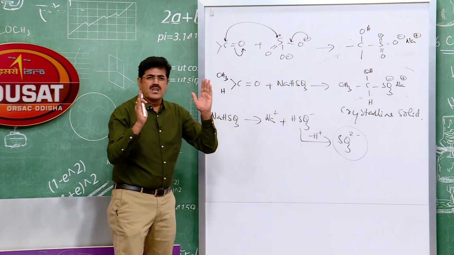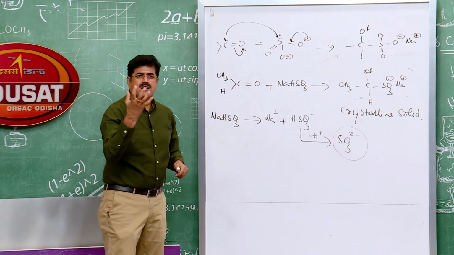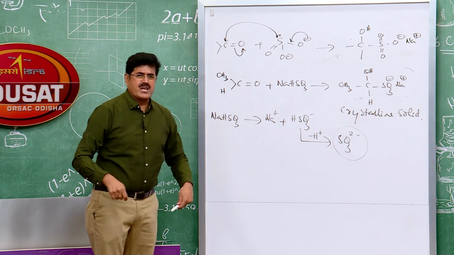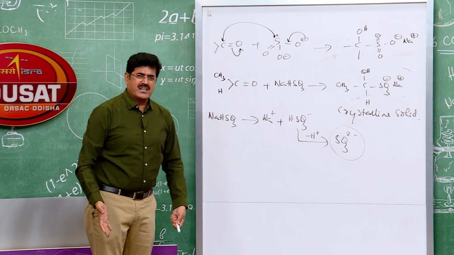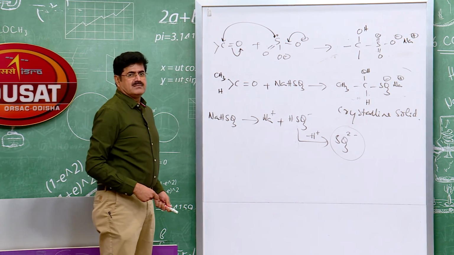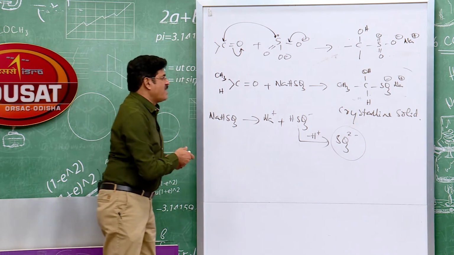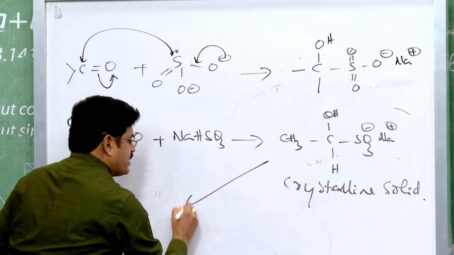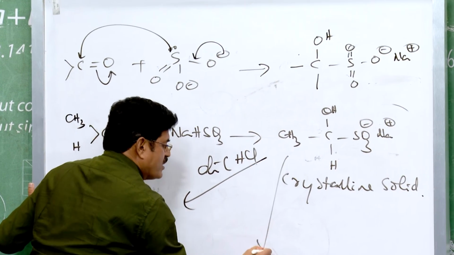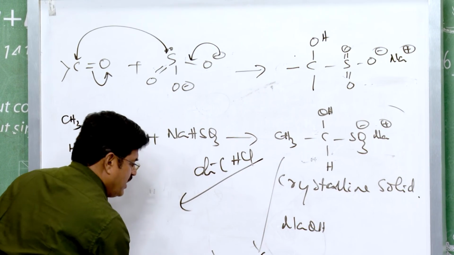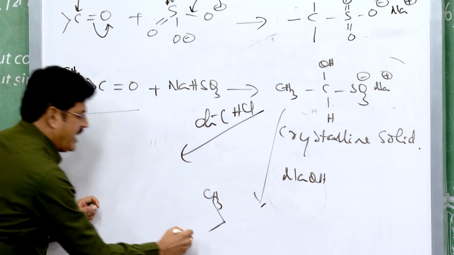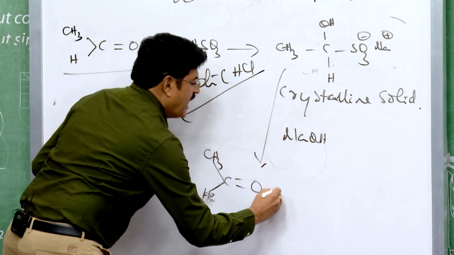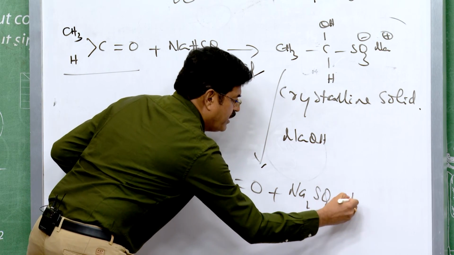Let me tell you one more very important point: these sodium bisulfite addition products, when treated with dilute acid or dilute alkali, regenerate the original carbonyl compound. Let me show that. For example, I started with acetaldehyde, so I will get acetaldehyde here plus Na2SO3 and water.